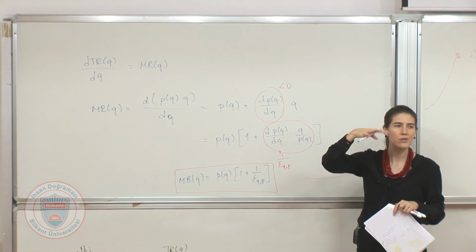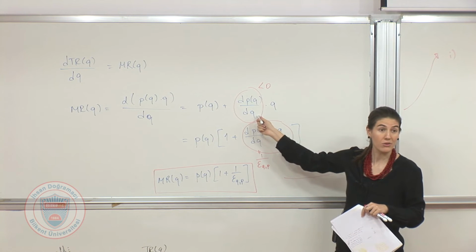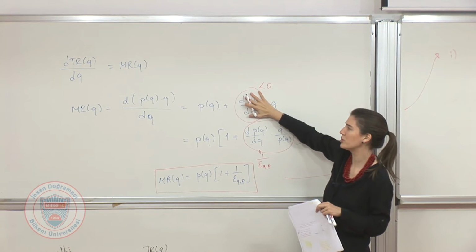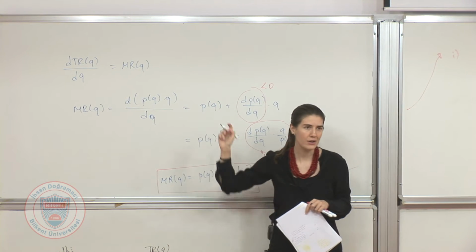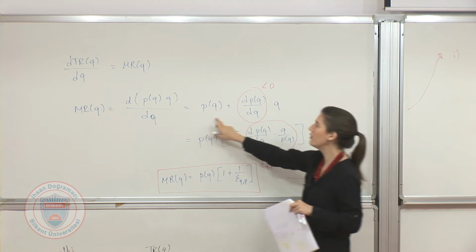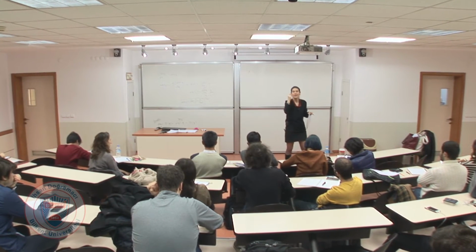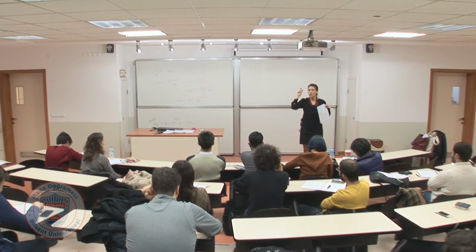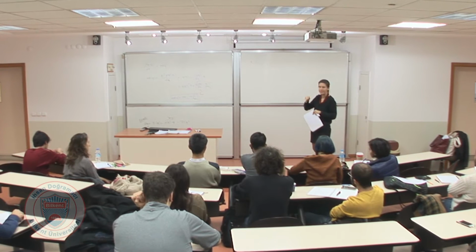Whenever Q changes, it's not going to affect the price. Then this is going to be 0, right? And then what's going to happen if this portion is 0? Marginal revenue would be equal to price. Only in that case, marginal revenue would be equal to price. But other than that, marginal revenue is going to be below the price. So if you sell an additional unit, the contribution of that to your total revenue is going to be less than its price. And remember, we discussed why.